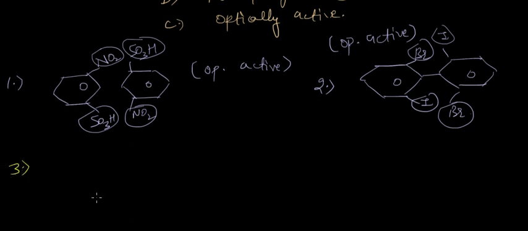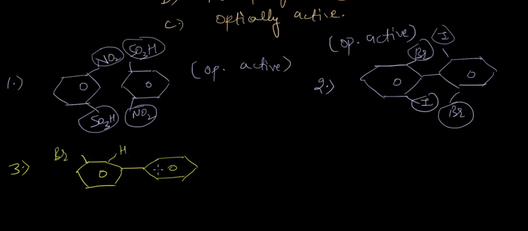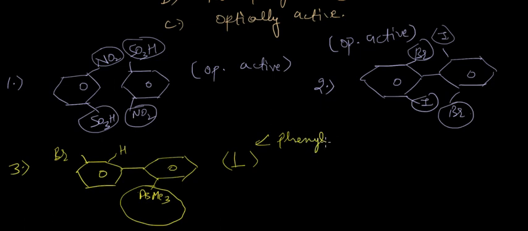We have Br and H here, and we have AsMe3 here. Because of its large size, the two phenyl rings are still perpendicular to each other, and because of that the compound is optically active. Or we can also say this is a chiral compound.